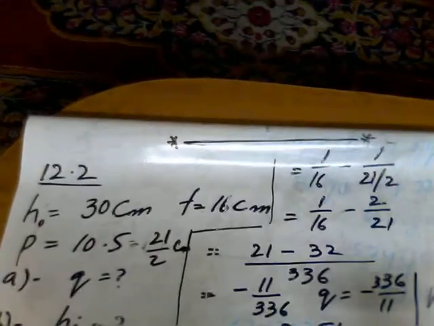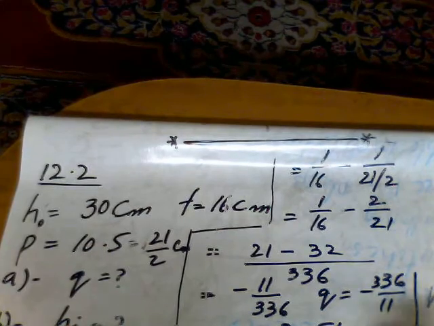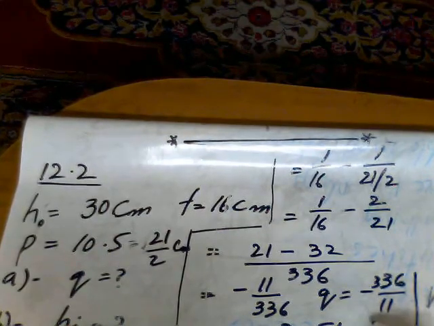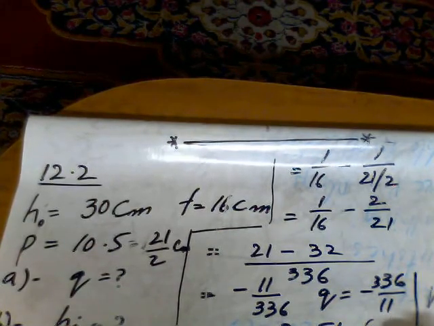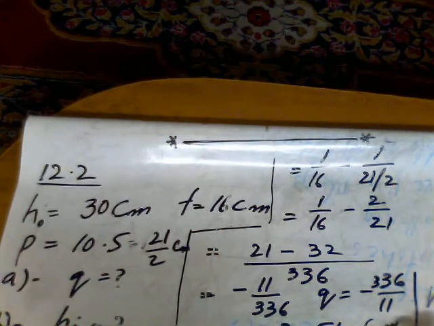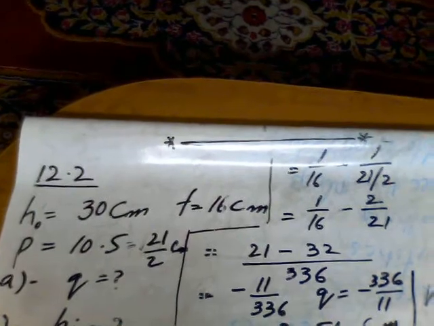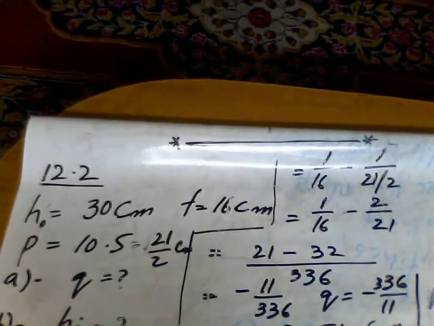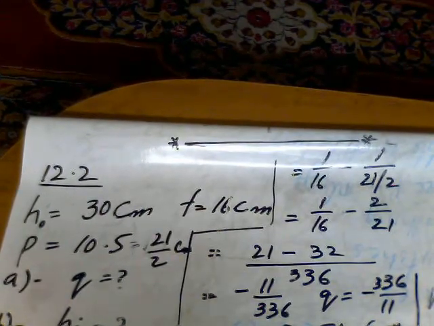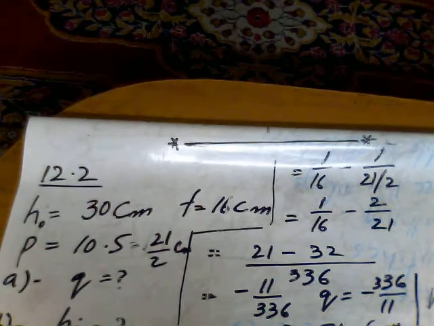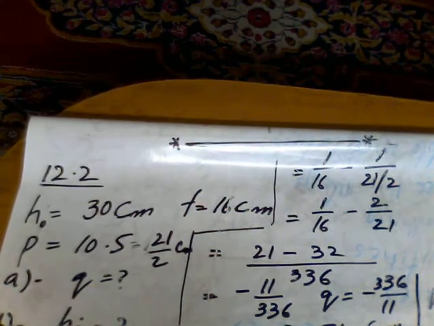The image is 30.54 centimeters, and it is very clear that the image is formed at least 3 times the distance of the object from the mirror.